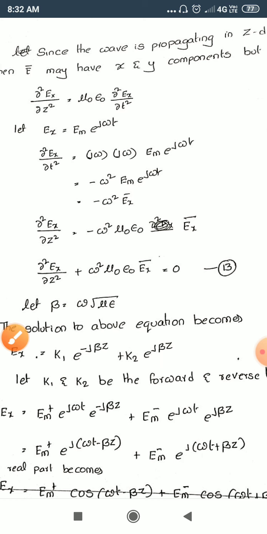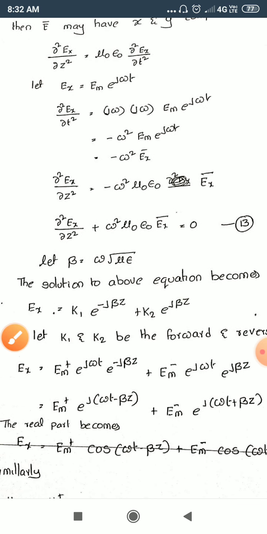Now from this equation, let beta equal omega into root of mu epsilon. What is beta? As I told, beta is called the phase constant. Here beta equals omega into root of mu epsilon, where omega is the angular frequency, mu is permeability and epsilon is permittivity.